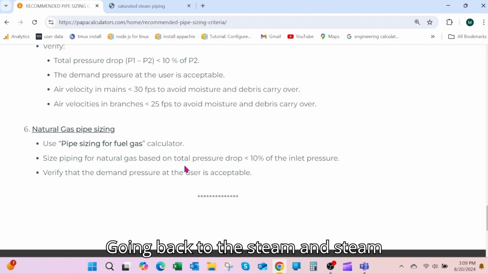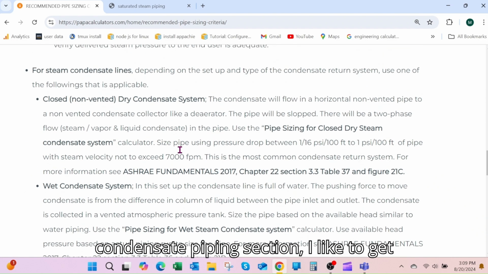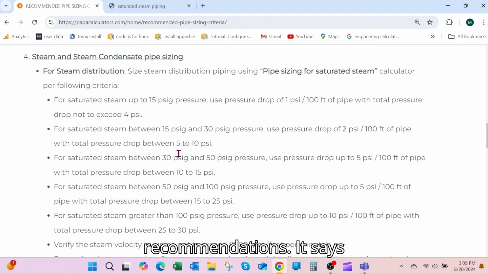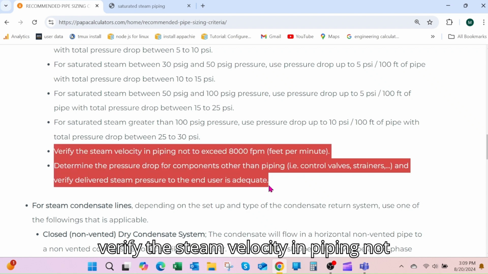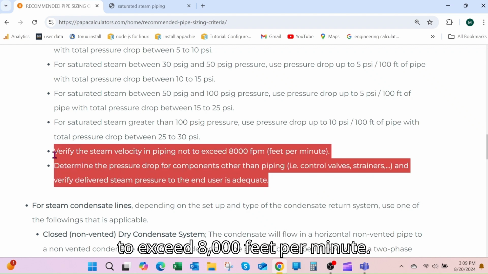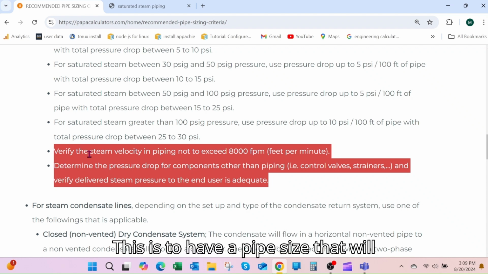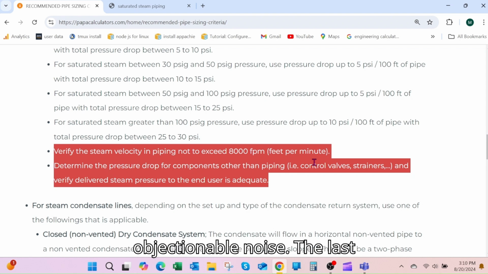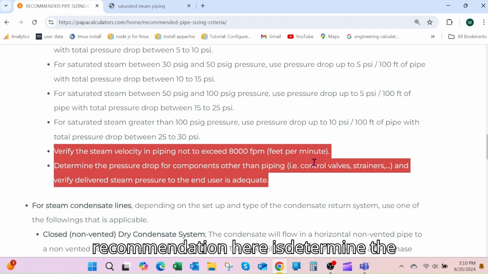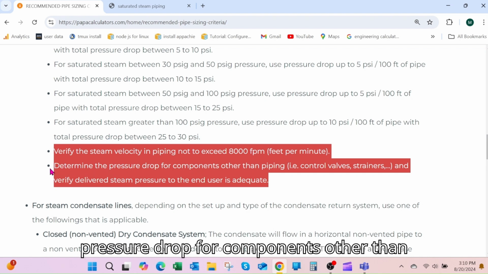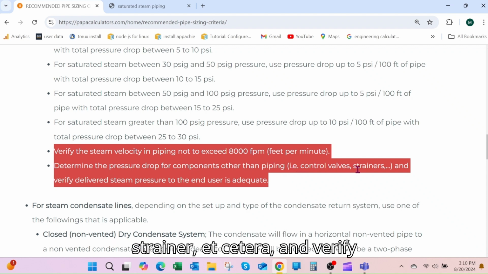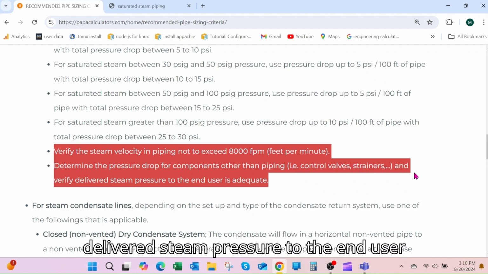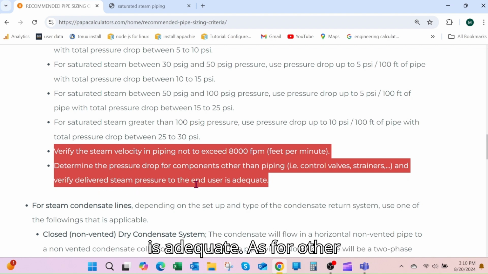Going back to the steam and steam condensate piping section, I would like to get your attention to the last two recommendations. It says verify the steam velocity in piping not to exceed 8,000 feet per minute. This is to have a pipe size that will give us a quiet operation with no objectionable noise. The last recommendation here is, determine the pressure drop for components other than piping, for example, control valve, strainer, etc., and verify delivered steam pressure to the end user is adequate.